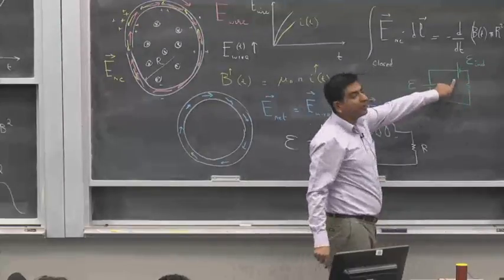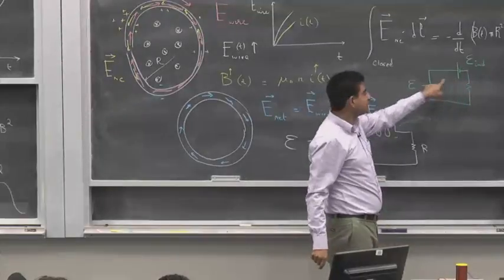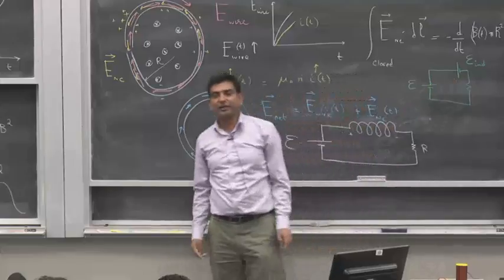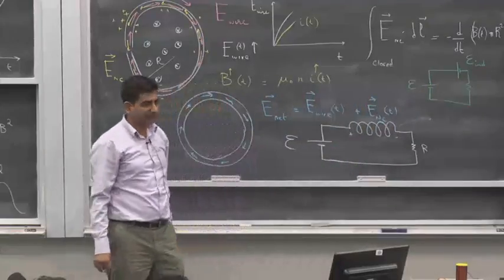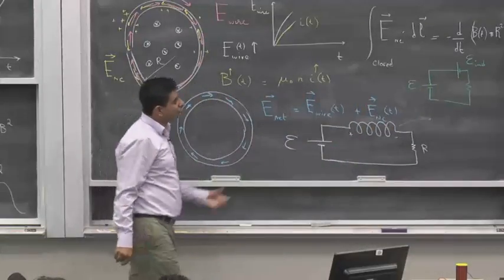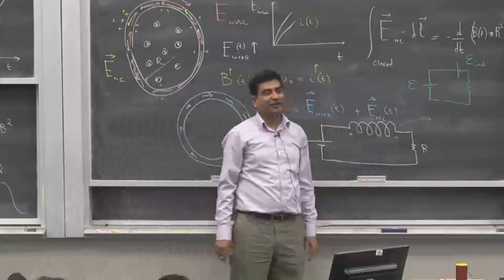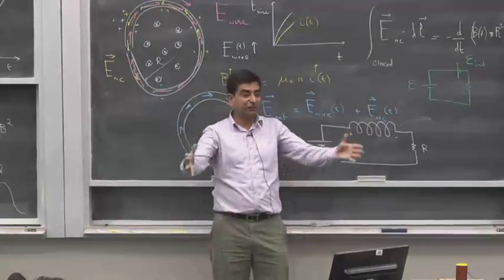Now the polarity of this induced EMF is such that it opposes the polarity of the real battery, of the voltaic cell. So the voltage across this solenoid acts like an EMF source.